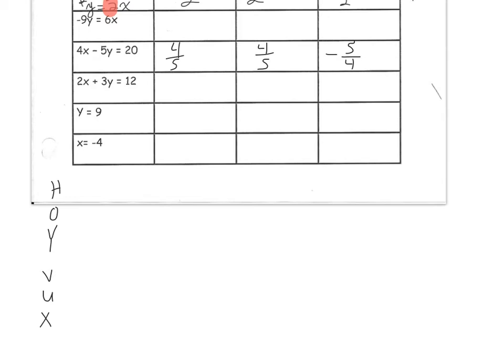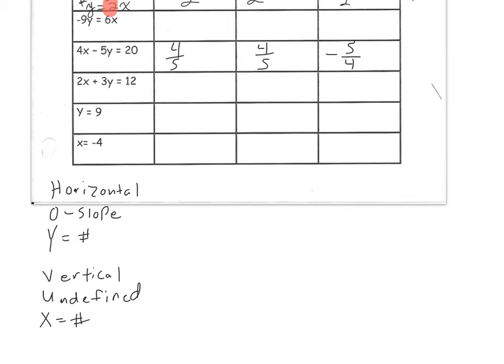And that's just a reminder of your special cases, your special lines, your horizontal and vertical lines. That the horizontal lines have 0 slope, and the equation is y equals a number. And that the vertical line has an undefined slope, and the equation is written as x equals a number.